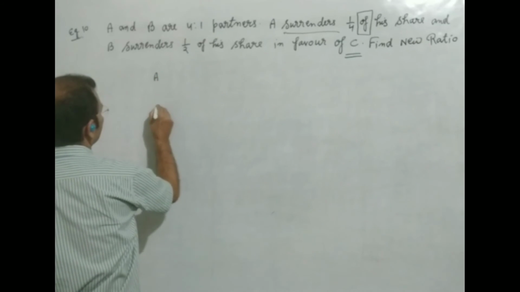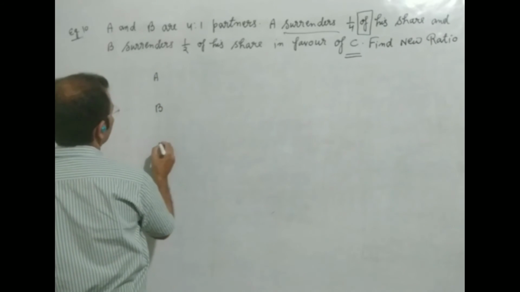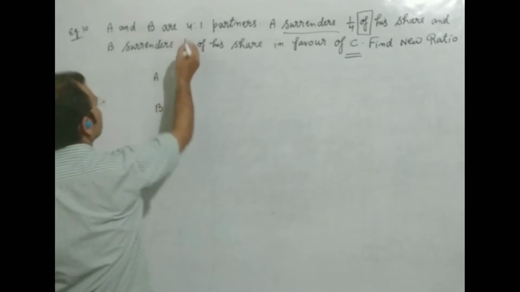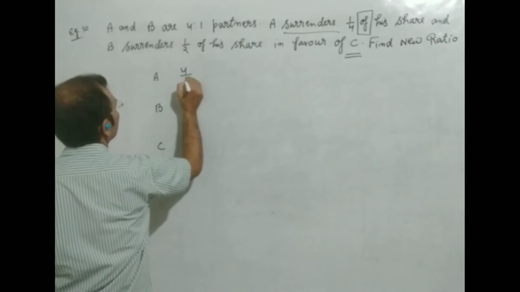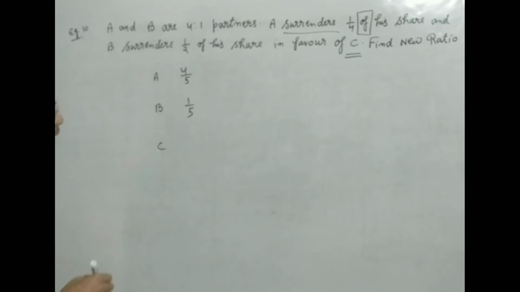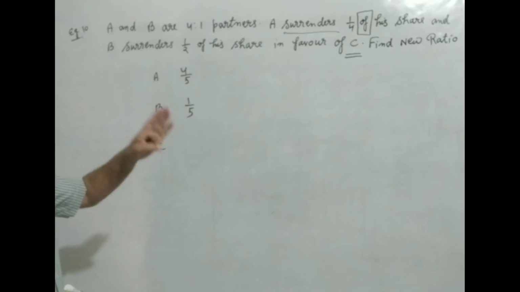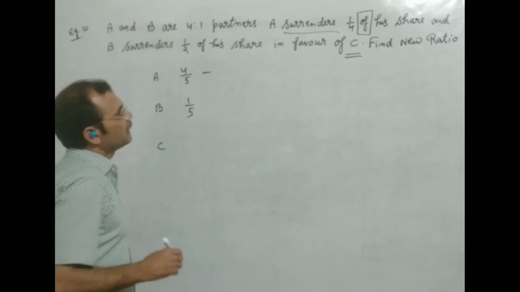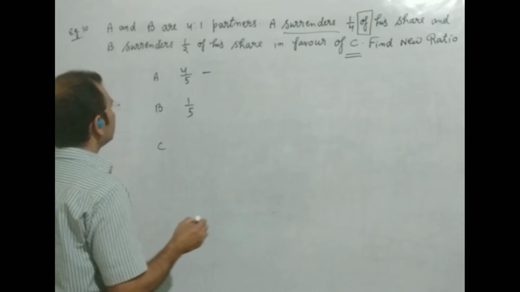A, B and C. C is the new partner. Now we will see A's share is given 4/5 and B's 1/5. As is given in the question, A surrenders, means minus 1/4 of his share.